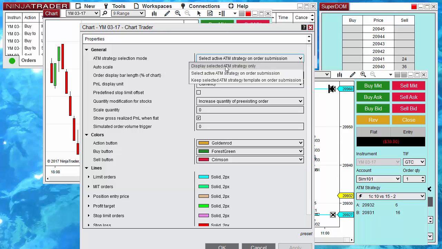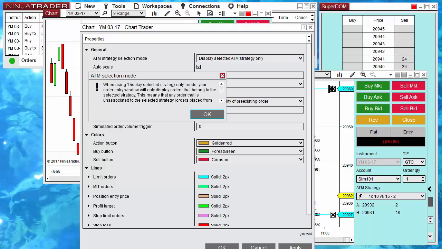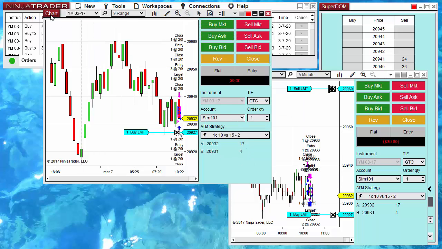And another option is to show only one ATM at a time. We get a warning that means that what we are going to view on the chart is not all the positions, only a part.